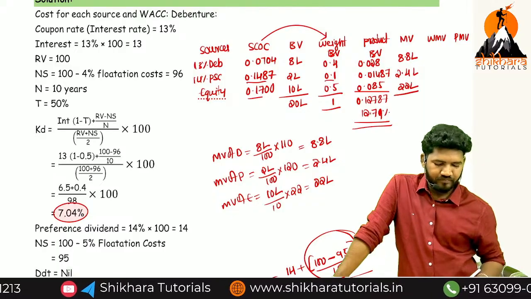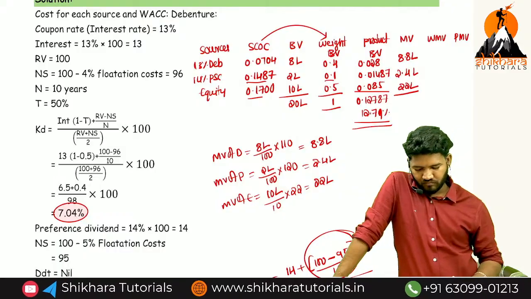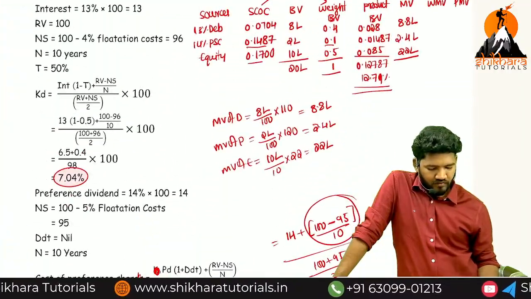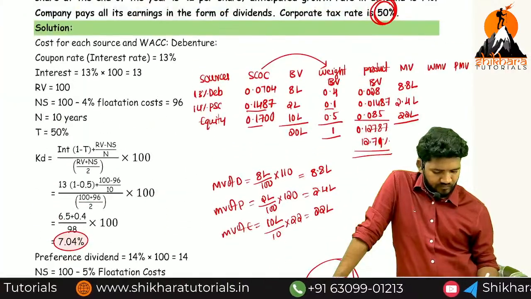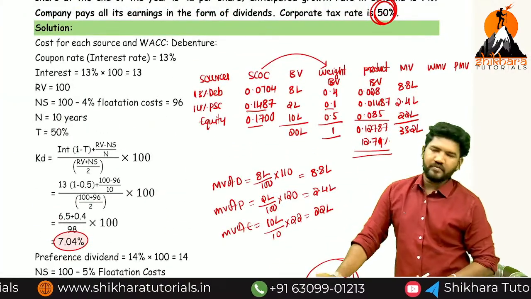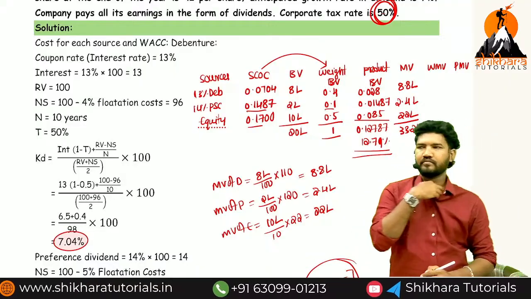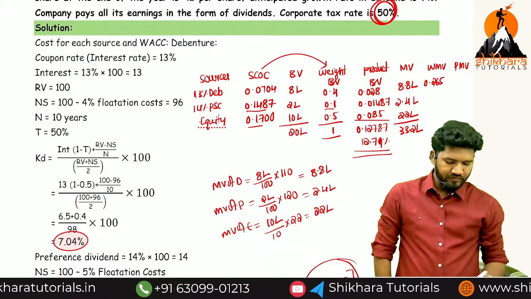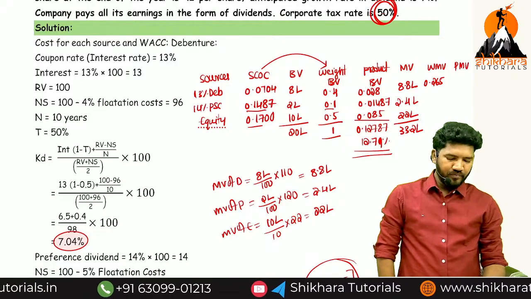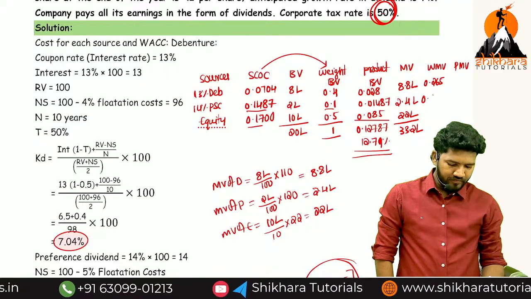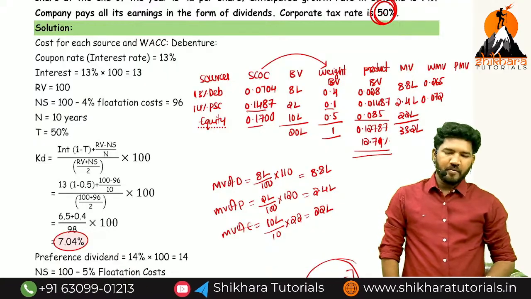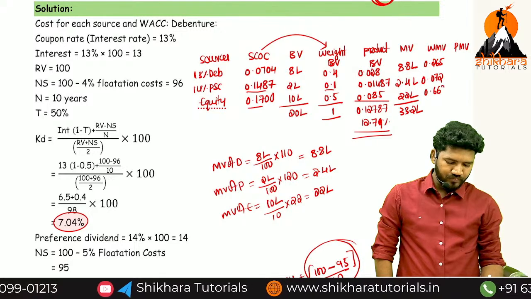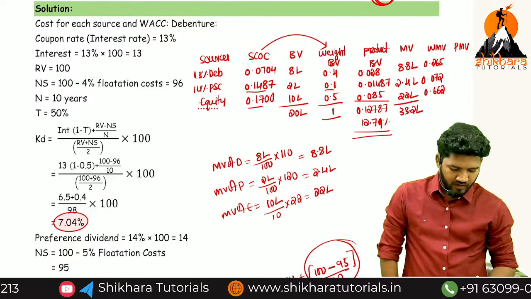Now total market value, 33.2 lakhs. Weight of market value: 0.265, 2.4 divided by 33.2, 22 divided by 33.2, 0.662. Now I want product of market value. How?